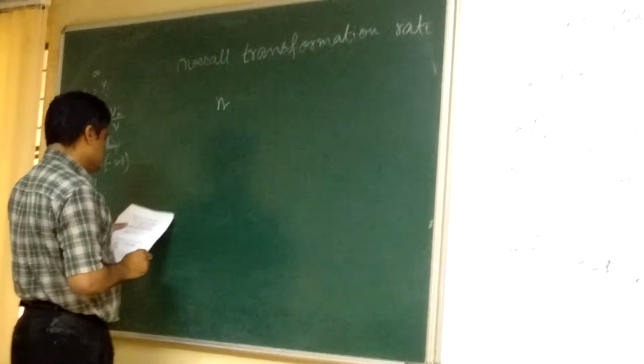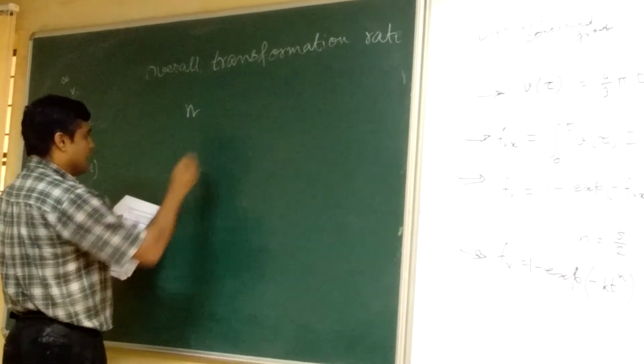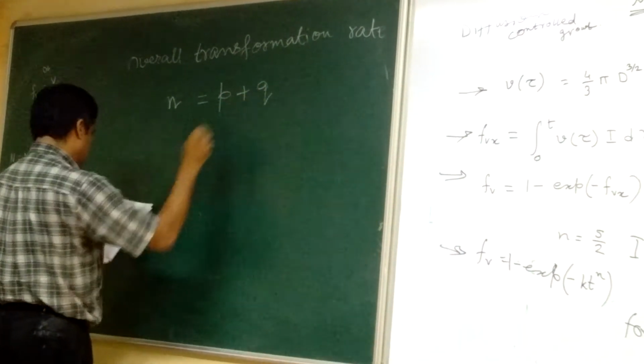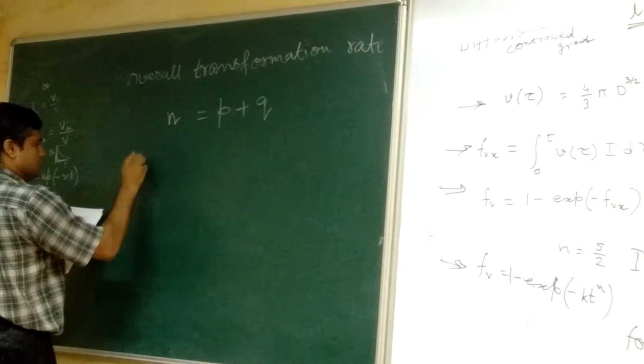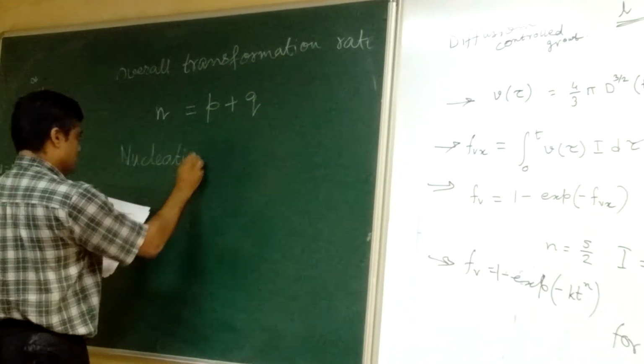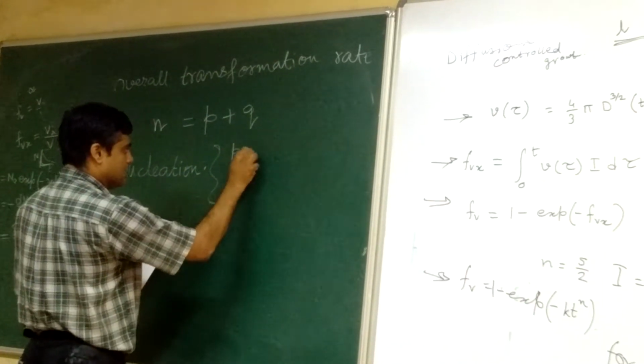So this exponent n for the various kinetic conditions we discussed can be written as n equal to p plus q, where nucleation gives the value of p.